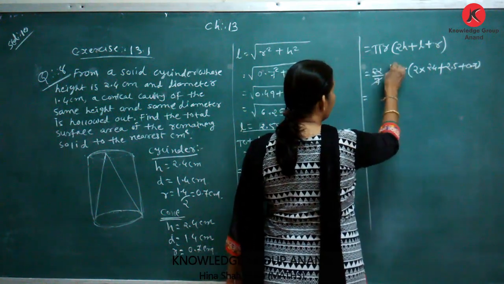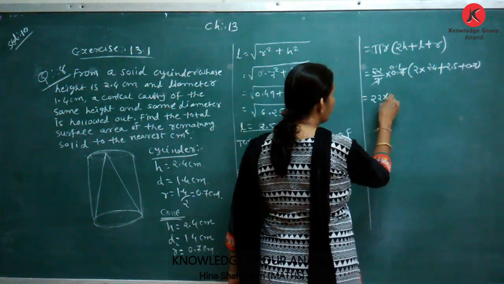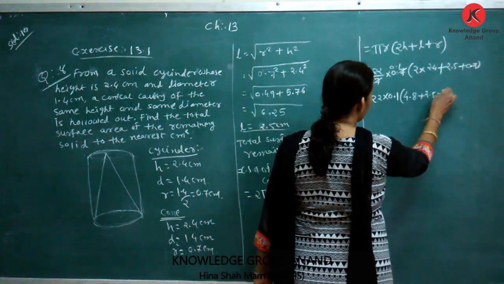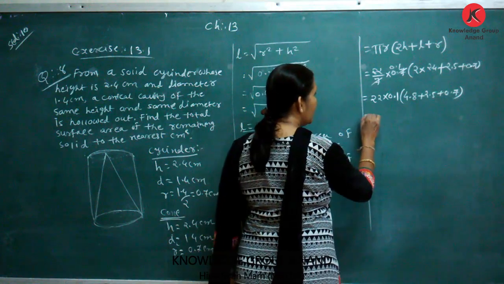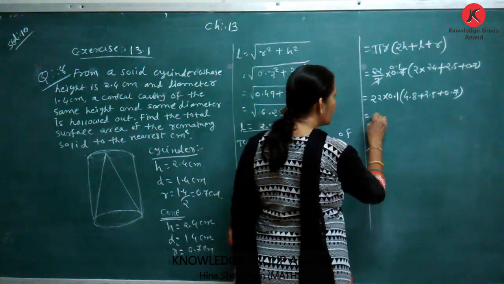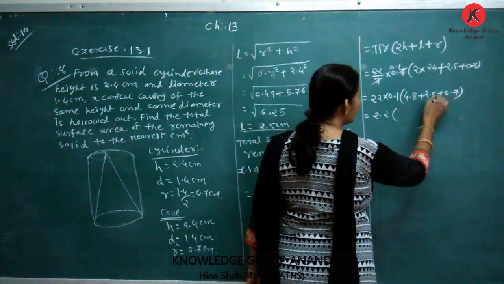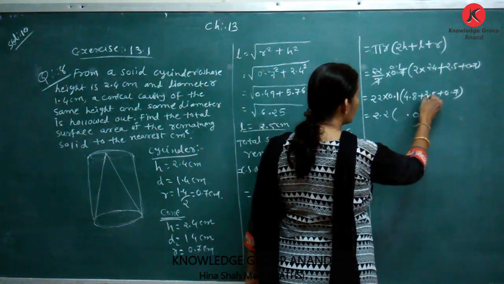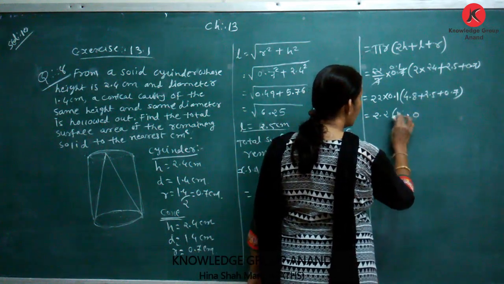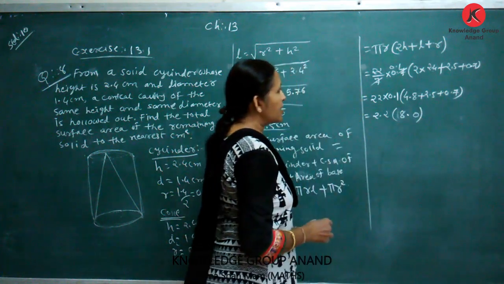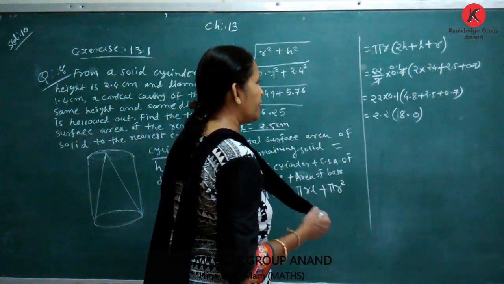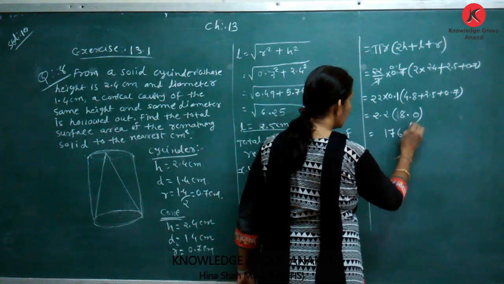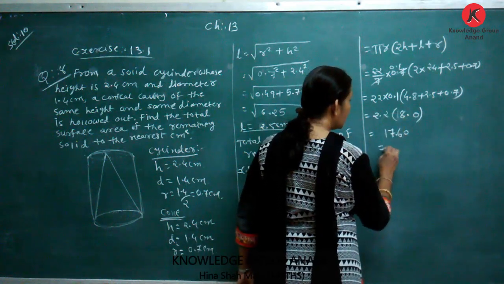Then 7 goes into 22 into 0.1, 4.8 plus 2.5 plus 0.7 equals 8.0, 22 times 0.8 is 17.6 centimeters square.